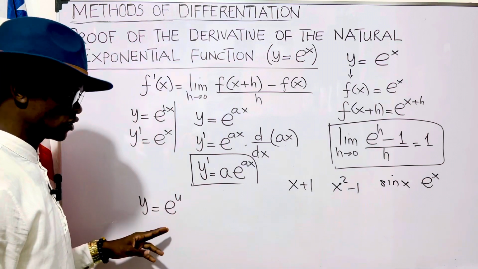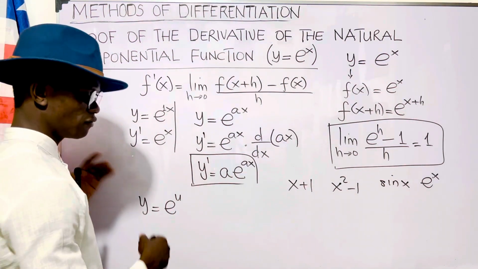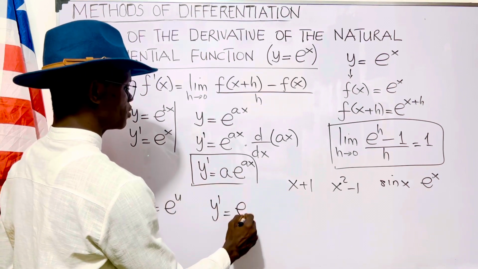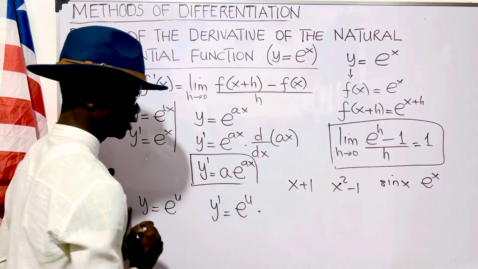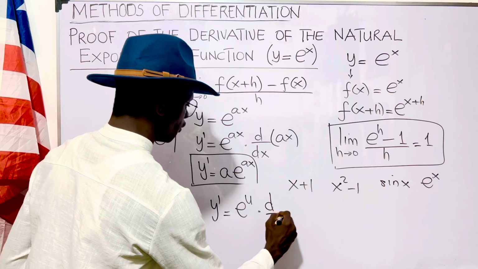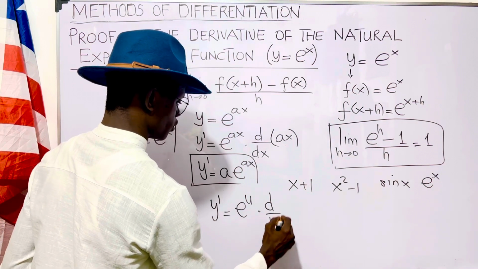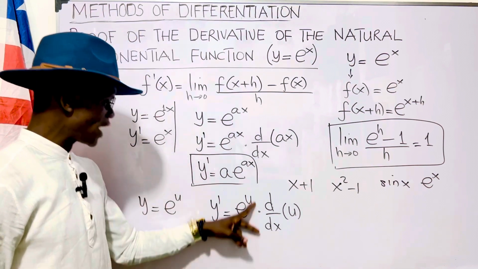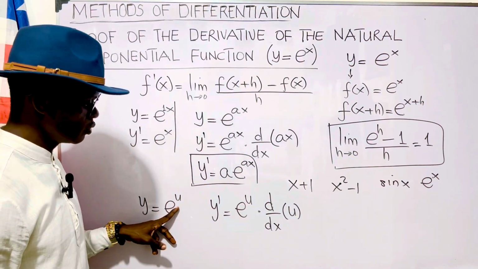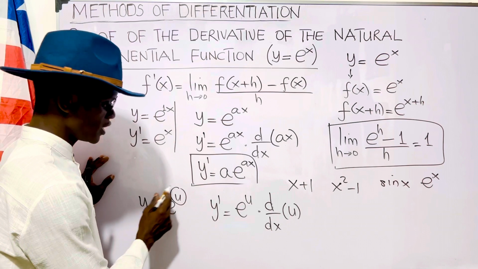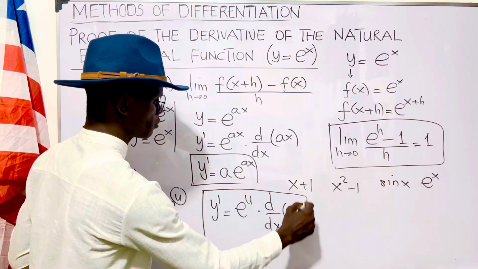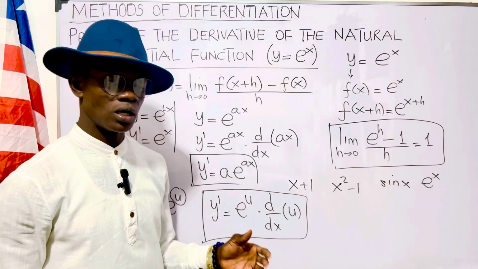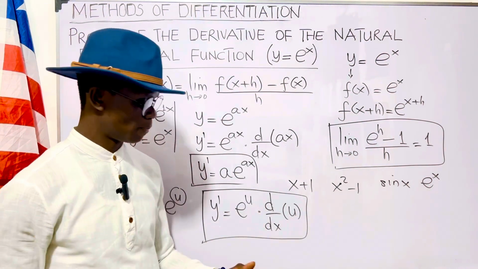Assuming that u is a function, then we can say in general that y prime is equal to e raised to the power u times the derivative of u. So when you rewrite e raised to the power u, then you differentiate this u. This is a general form for finding the derivative of a natural exponential function.